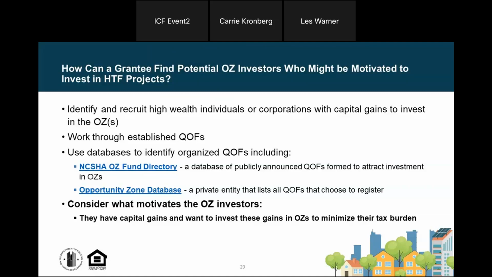The functionality is a little bit different between these two databases, but they both allow the user to filter by location and the focus of investments. We'll get into more investor motivation on the next slide. But when you're approaching any opportunity zone investor, remember the primary motivation typically is to invest capital gains and minimize their associated tax burden.